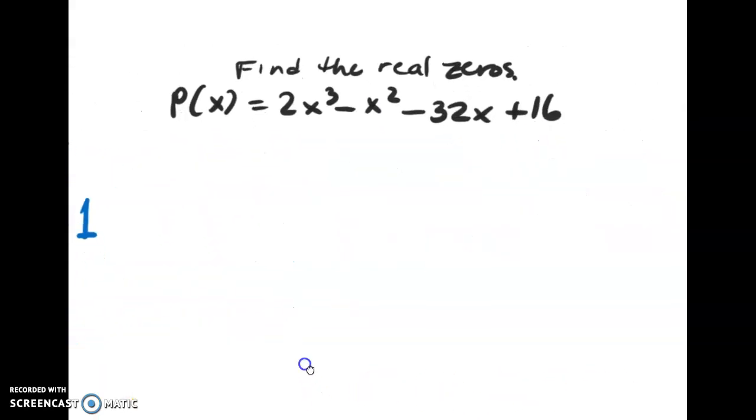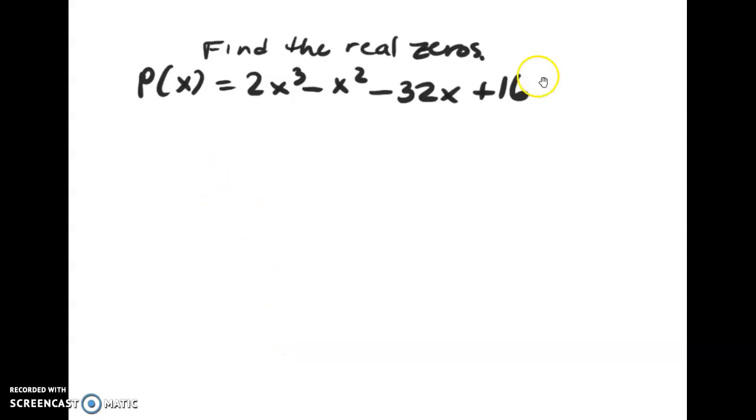The next question we're going to practice. Find all the real zeros. So what do I do here? I'm going to plug in a 0 for my output, and then I'm going to factor this side. And you may say, well, how am I supposed to factor this? We're going to try factoring by grouping. When you factor by grouping, you're going to look for the greatest common factor among these. So I'm going to factor out an x squared.